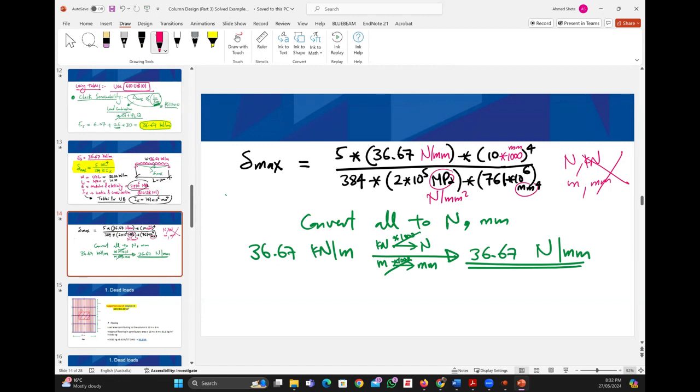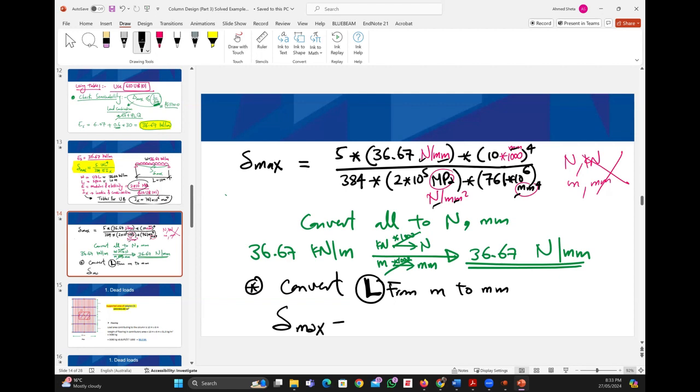Do we need to convert anything else? Now all the units are Newton and millimeter. So now all the units are okay. What you only need to keep in mind is to convert the span L from meter to millimeter. Are you okay with that?